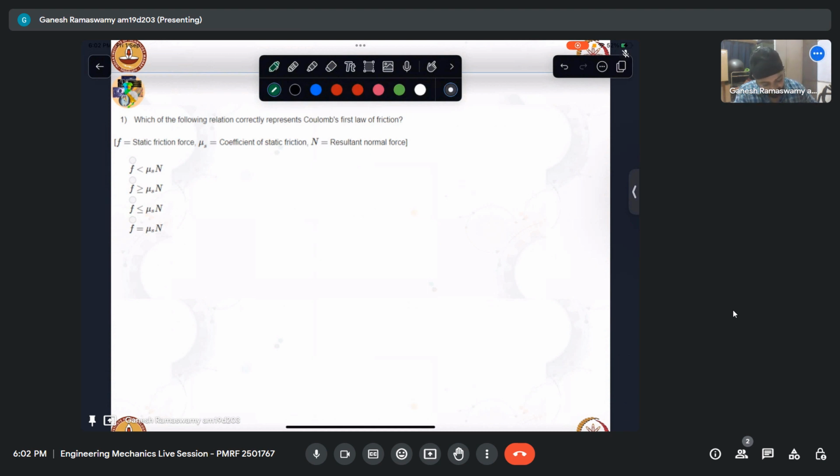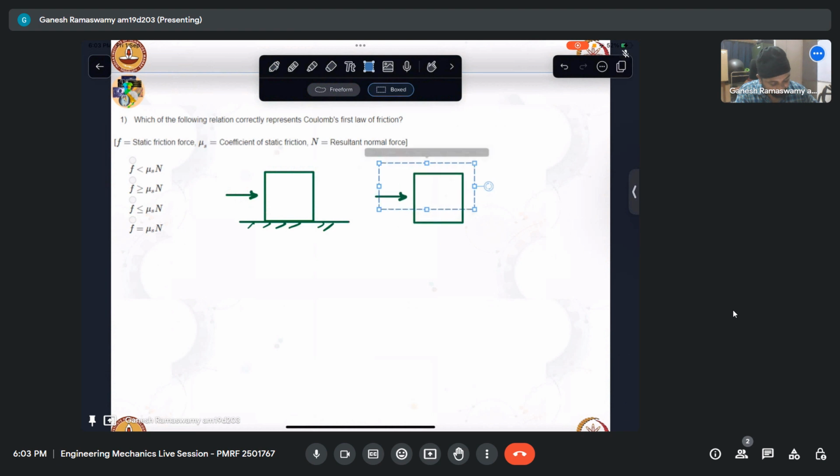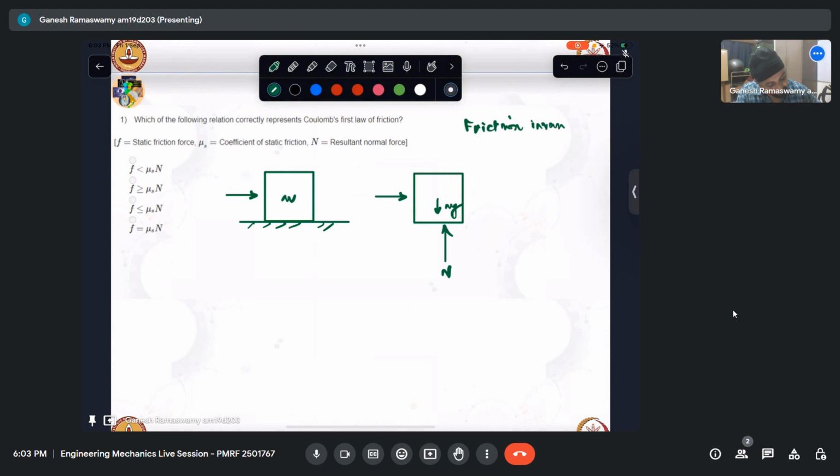Essentially, we know that when a body is subjected to a force and it is resting on some floor, once we draw its free body diagram, we mark its weight, say mg, given that this is mass m, and then we have some normal force N. Since friction always opposes motion, friction invariably opposes motion.